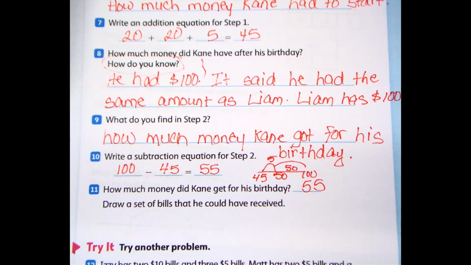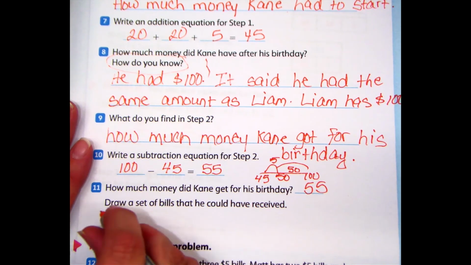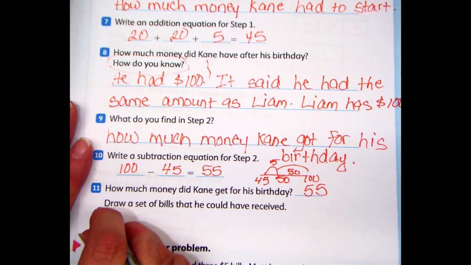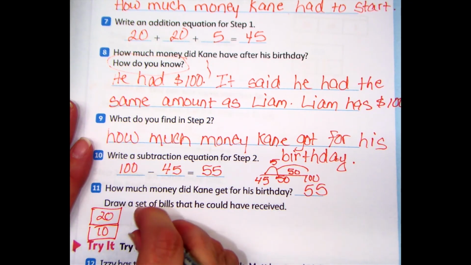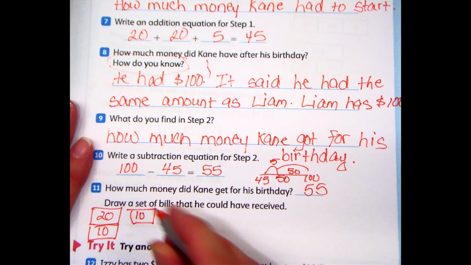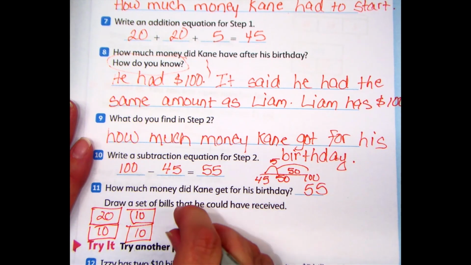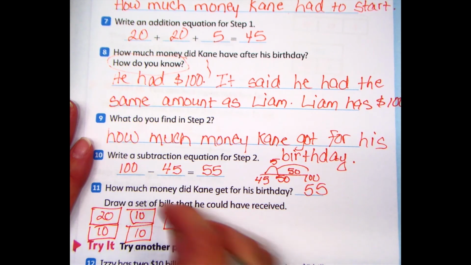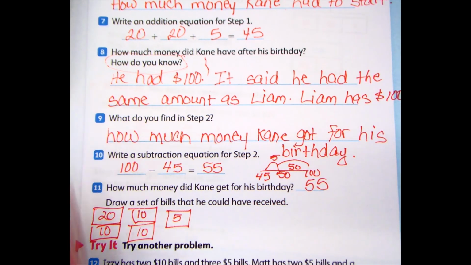It depends on how many people gave him money. So I'm going to draw that he got a $20 bill, and I'm going to do 10, which makes it 30, another 10, which makes 40, one more 10, makes 50, and then a $5 bill. So then I have 20, 30, 40, 50, 55.